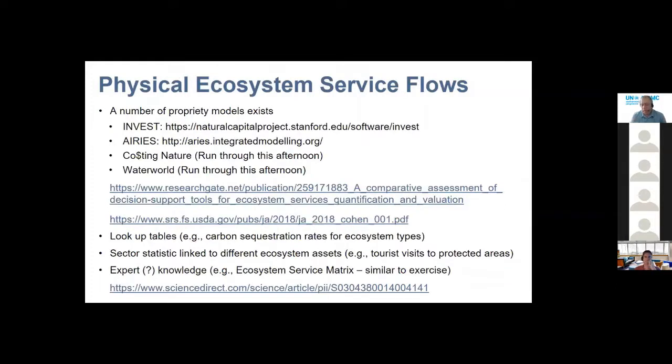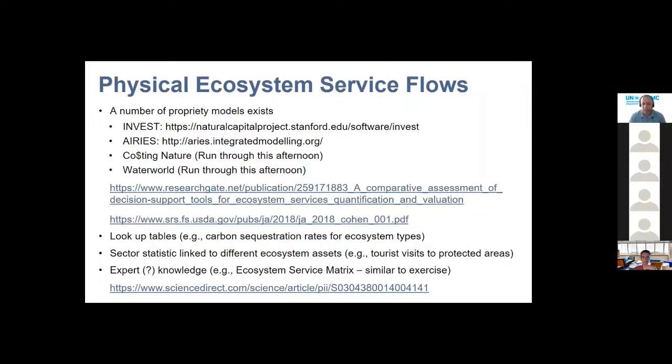Moving from conceptual to quantitative is going to be fundamentally important to the ecosystem, the natural capital assessment process. So there are a number of proprietary models for modeling ecosystem services and physical flows. We'll be running through Costing Nature and WaterWorld this afternoon.